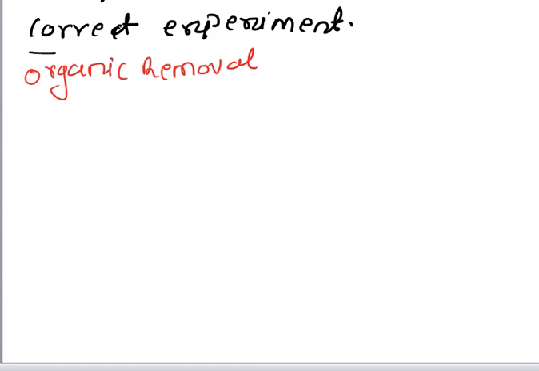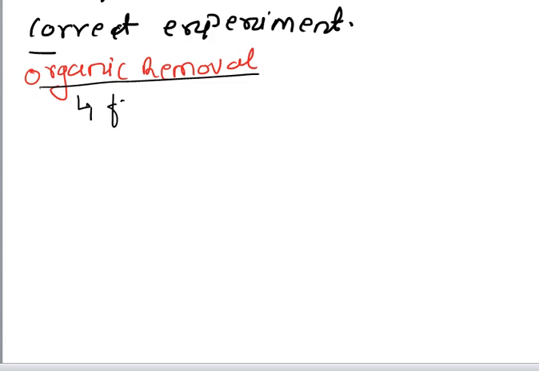For removal of organics from the soil sample, what do we do? We find a compound that oxidizes the organics in the soil sample. So the basic idea is to oxidize.